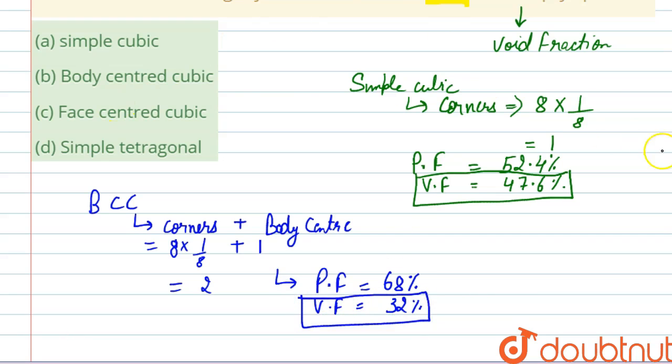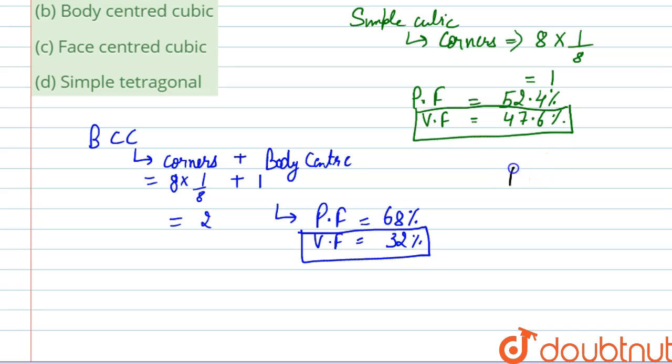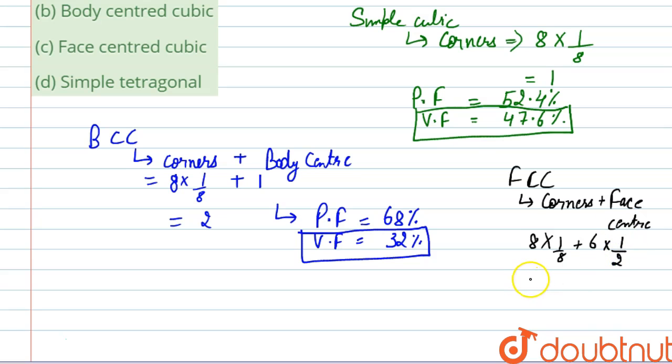Now in case of FCC, that is face centered cubic, it has atoms associated at the corners plus at the face centers. There are 8 atoms associated with the corners, plus there are 6 faces, so there are 6 atoms associated with the face centers, and the contribution of each is 1 by 2, so it will have 4 atoms per unit cell of FCC.